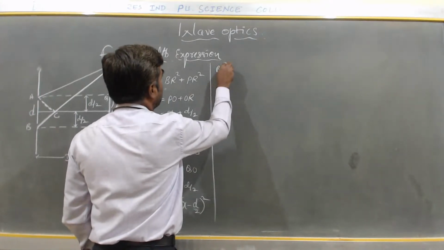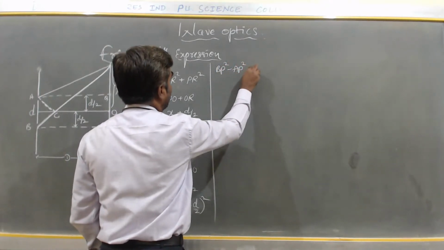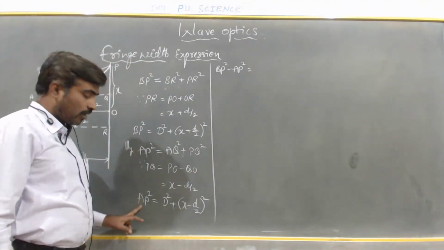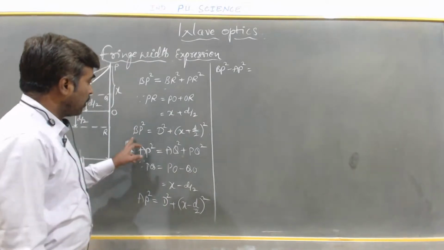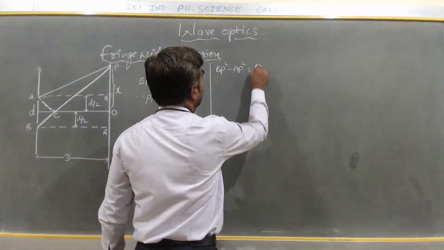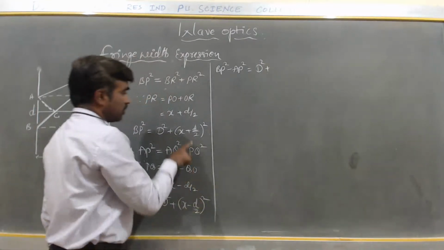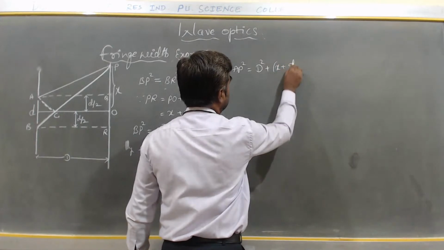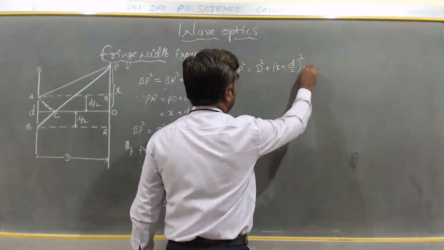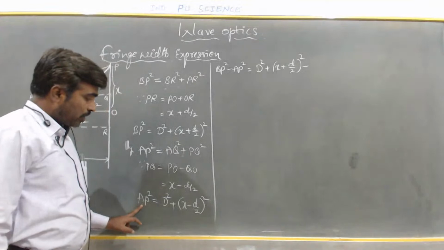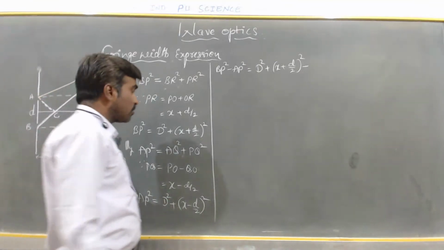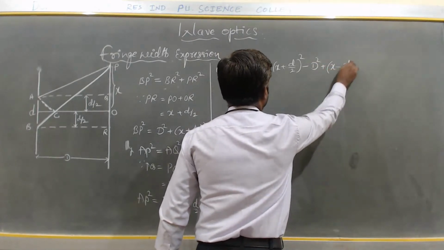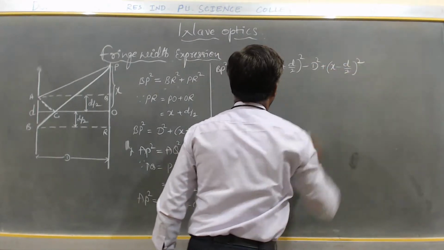BP square minus AP square equals. BP square is D square plus x plus d by 2 whole square, and AP square is D square plus x minus d by 2 whole square.